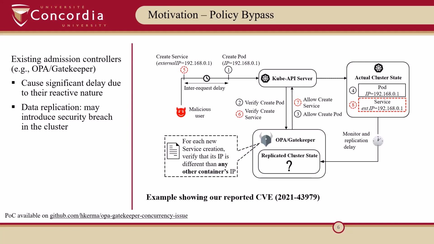The only thing that we do is we wait. When we have an event, we block it, verify, then take the next one. This is what the OPA Gatekeeper tool here doesn't do. They don't wait for the replication to be done before processing the next event. That's something that we do. That's how we prevent the CVE.